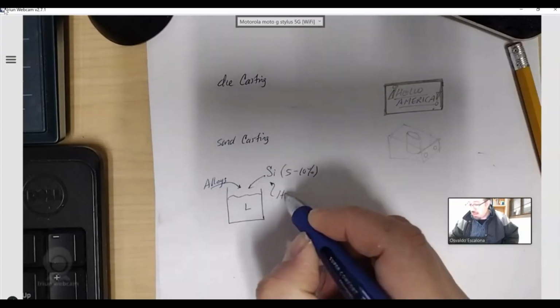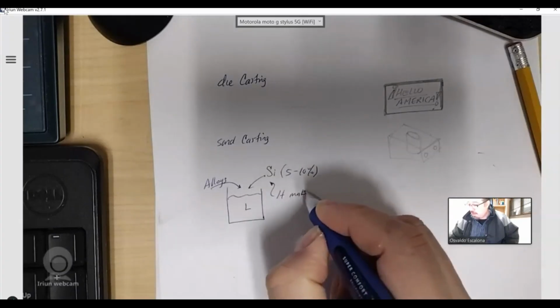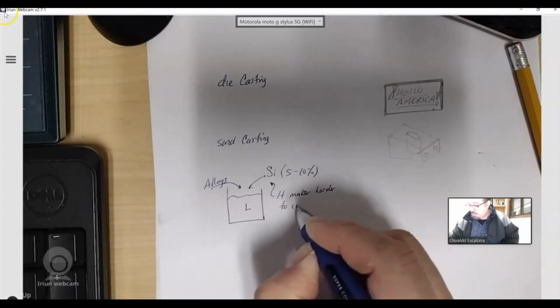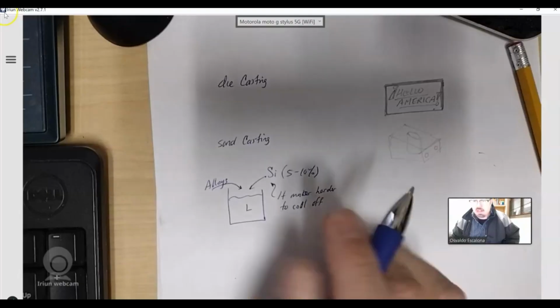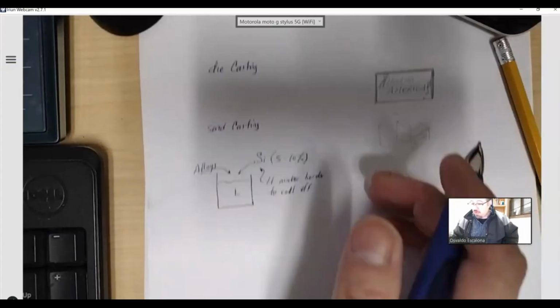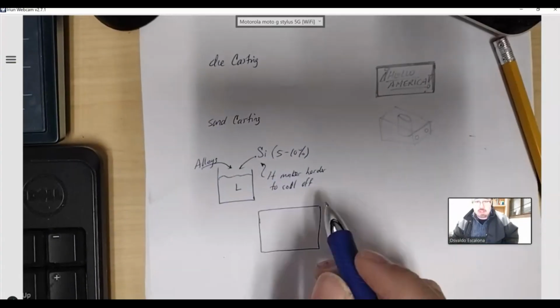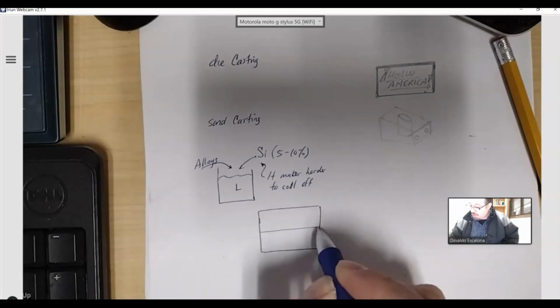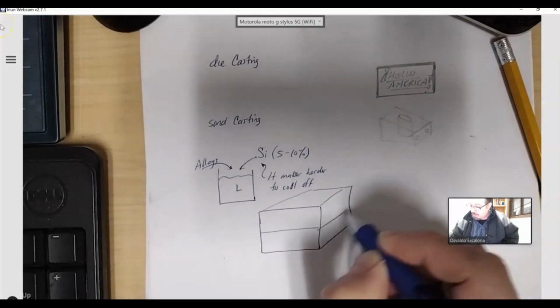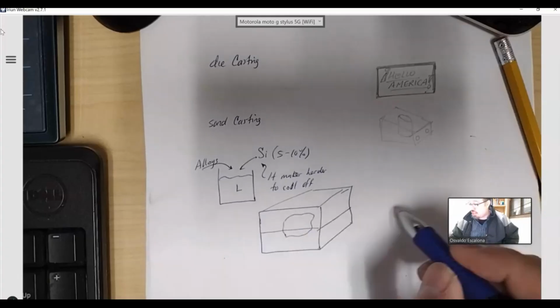It makes your alloy harder to cool off; it requires more energy for it to cool off. And what would that do? Well, you get it in the liquid state, and then you put it in a die. If I were to make it a die casting, it will have literally just top and bottom pieces of metal, and inside of it, it will have a cavity, which let's say is the shape that you want.